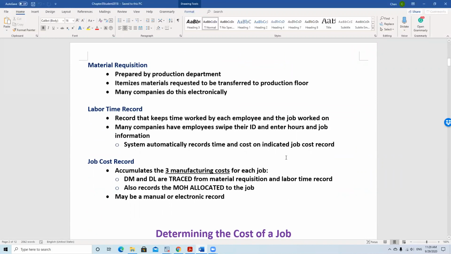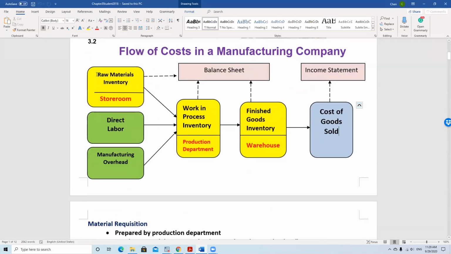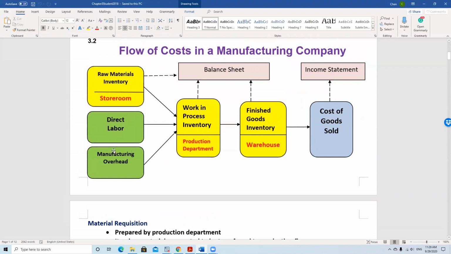material requisition. So if you look at that, you can see what we'll put in work in progress. Basically, we have raw material, we have labor, and manufacturing overhead.